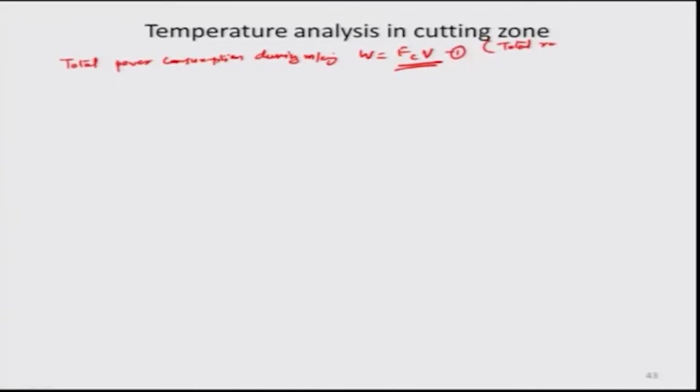So the total rate of heat generation is actually this W, the rate of consumption of the power.